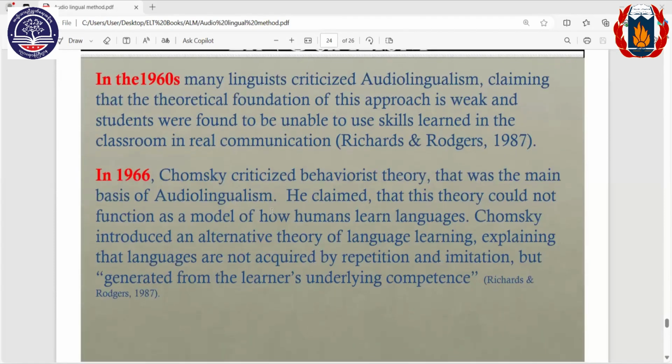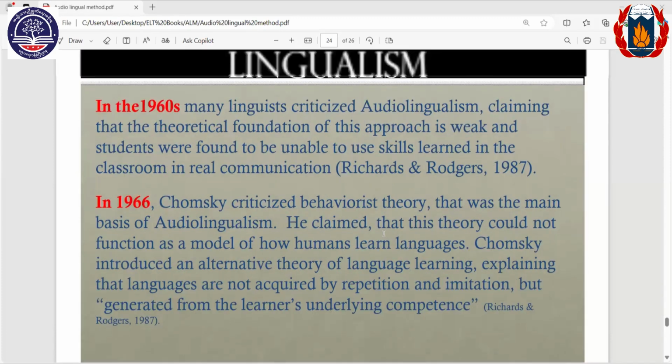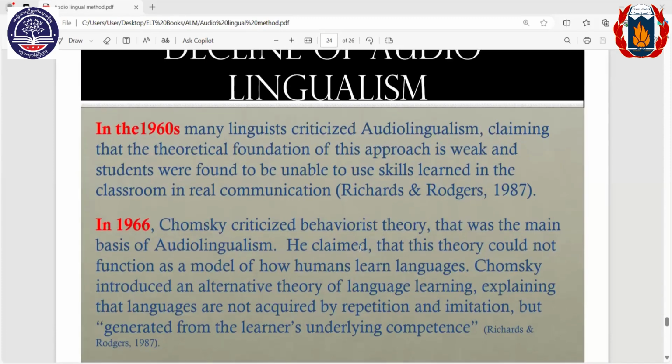The next scholar is Chomsky, who criticized the behaviorist theory. He claimed that this theory could not function as a model of how humans learn languages. Behaviorist psychology and theory is mainly about habit formation.